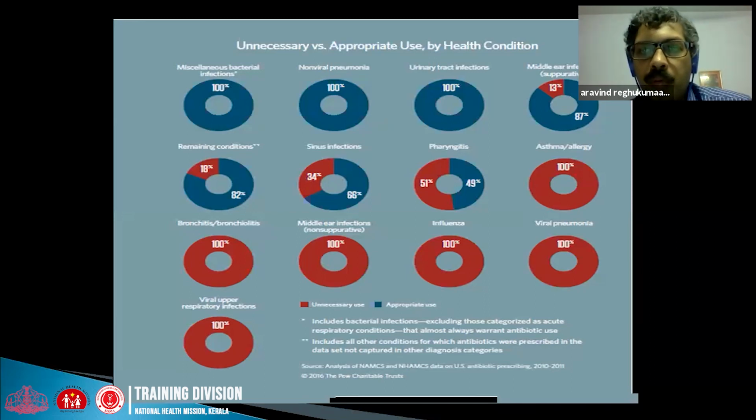Here lies one problem. When you're sitting in the OPD, in our setting we don't have access to point of care testing or rapid diagnostic testing, and to differentiate between viral and bacterial sinus infections, or upper respiratory infection, etc., we have to rely on clinical clues. Majority of the doctors are a bit wary, especially the students.